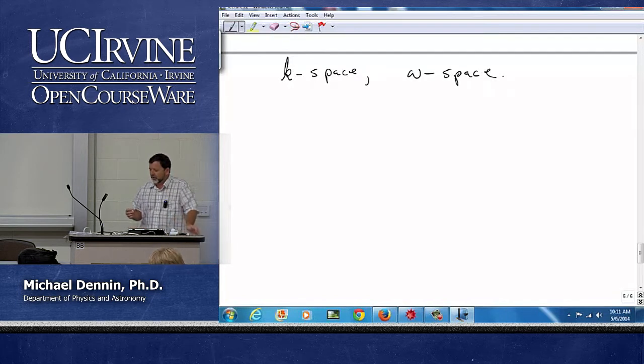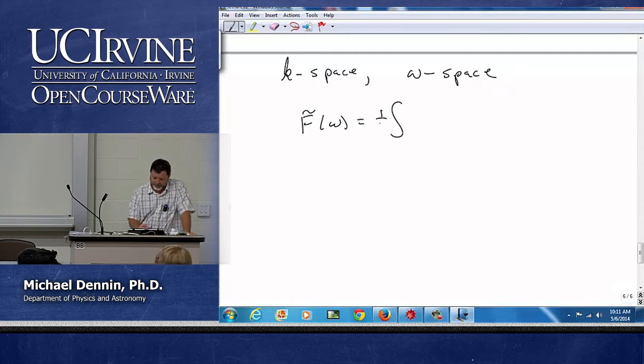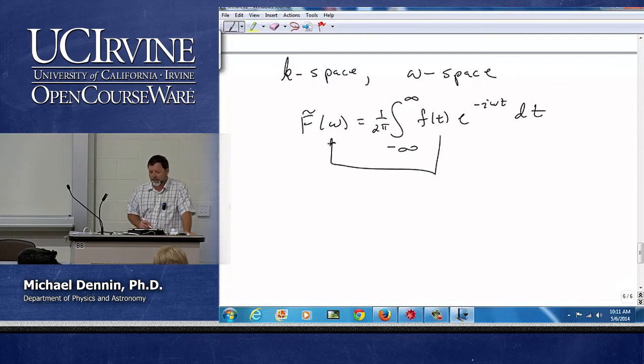And the real thing you're doing, if we're looking at omega space, is when you Fourier transform a function, in this case a function of time, you're going from a function of time to a function of omega.